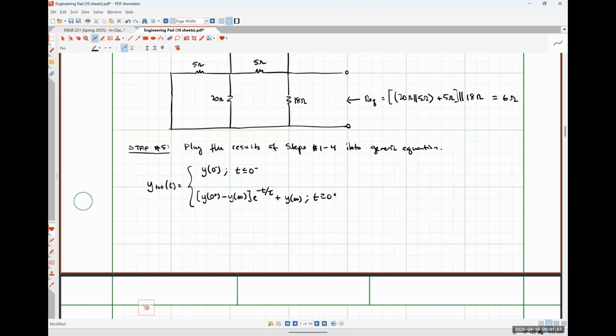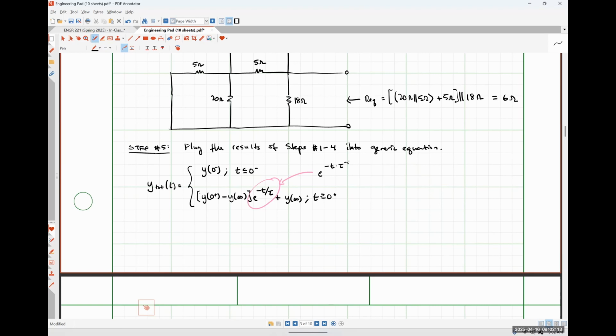Now, the reason why I choose to find tau to the -1 is because this guy right here could also be expressed as e to the -t times tau to the -1.